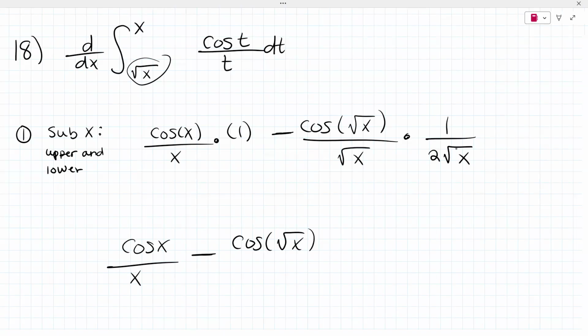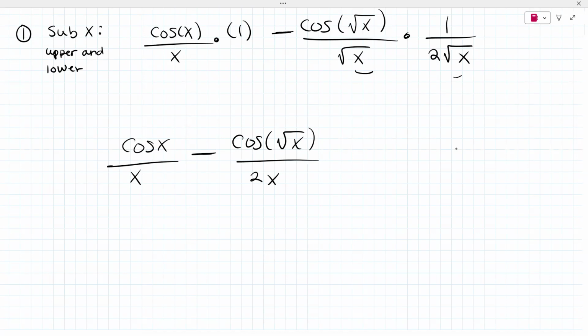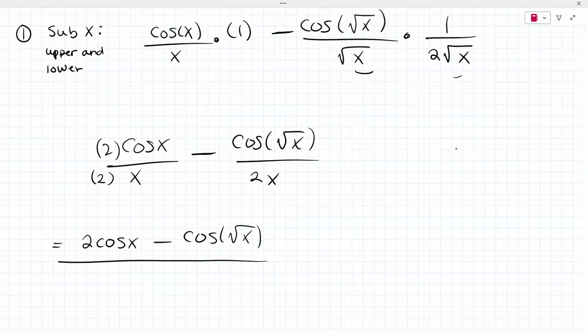And then on the bottom, radical x times radical x is x times 2, that's 2x. And then since we're subtracting fractions, you need an LCD, right? You're going to have to multiply top and bottom by 2. So that's going to be 2 cosine of x minus cosine of square root of x all over 2x.